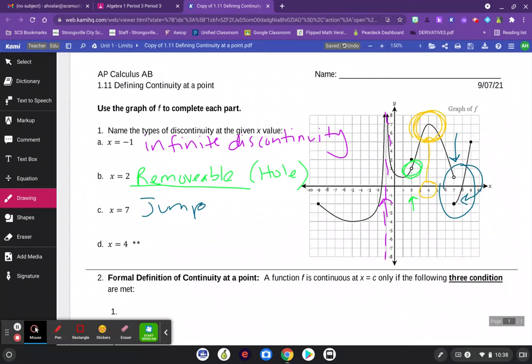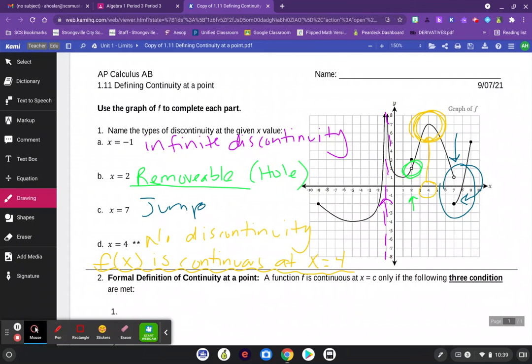In fact, because none of those discontinuities occur, we say that there's no discontinuity. And there's no discontinuity because f of x is actually continuous at x equals 4. And I'm going to write that complete statement because that complete statement is true.